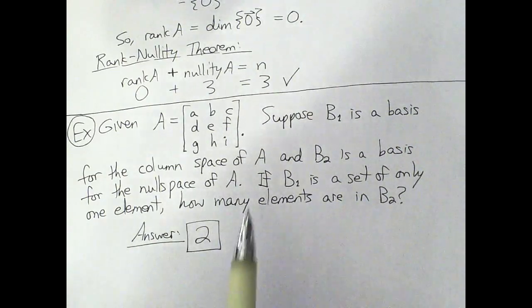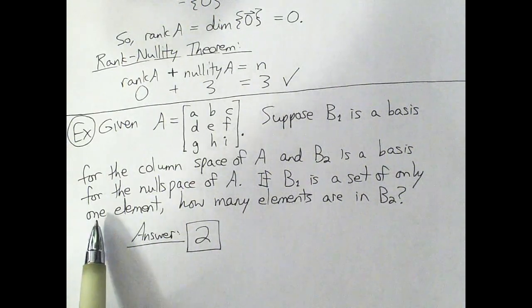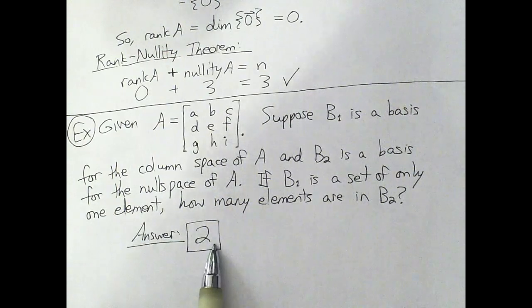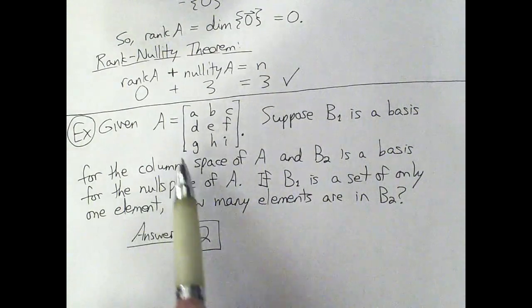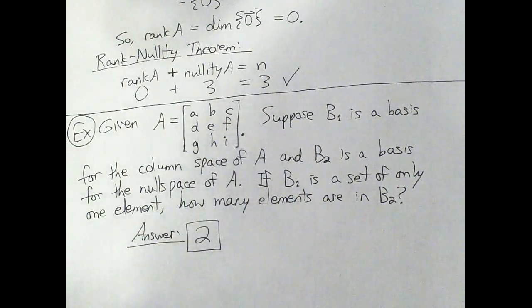The rank and nullity have to add up to 3 because there are 3 columns. So if you are told that the rank is 1, then the nullity has to be 2. The key idea is that if we know the rank or nullity, we automatically get the other one for free, provided that we know how many columns there are, which we usually do.